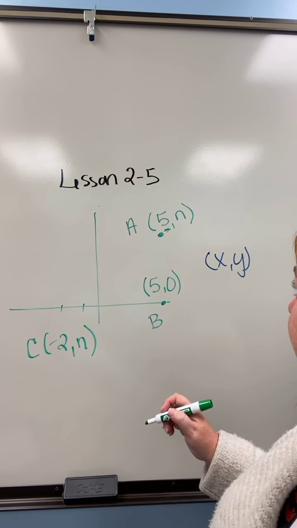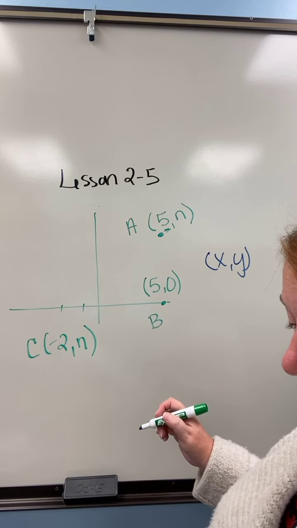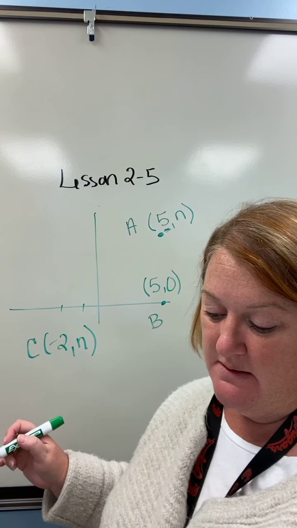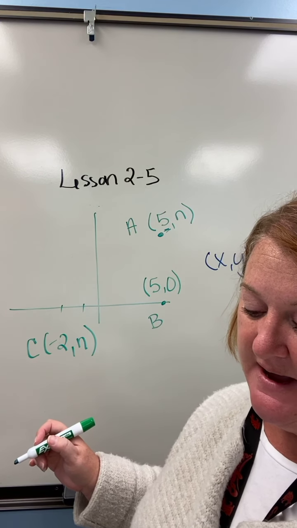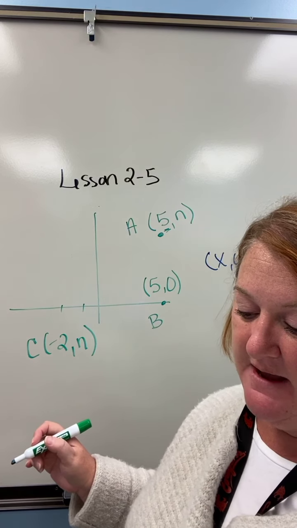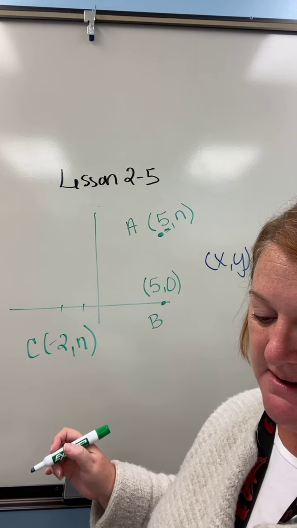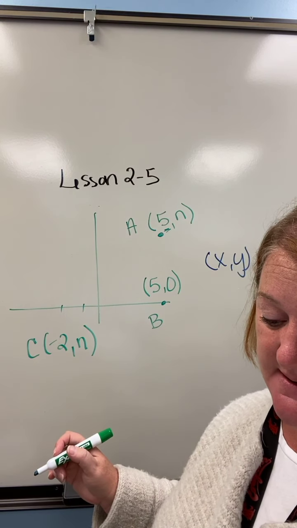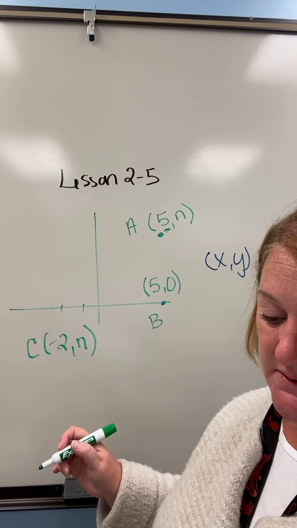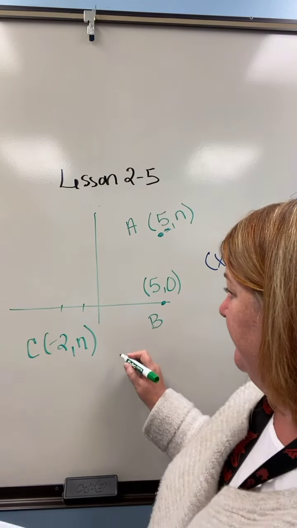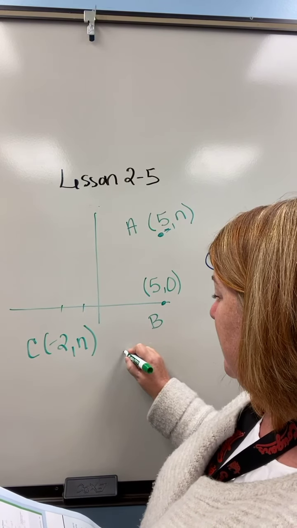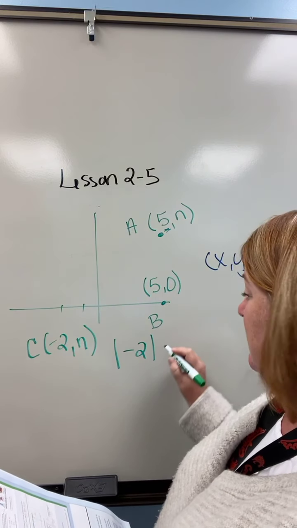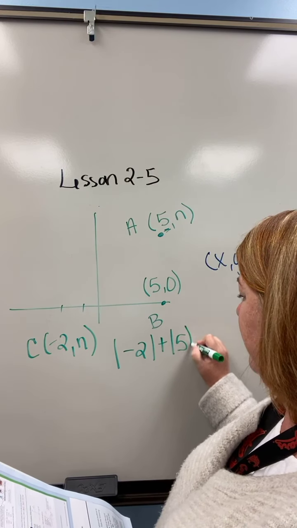So between, we know it's (5, 0) and (5, n). We want the distance from point A to point C. So the y coordinates are going to be the same. So that's going to be the absolute value of -2 plus the absolute value of 5.